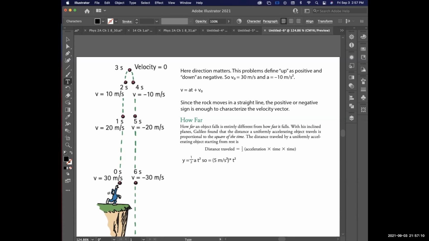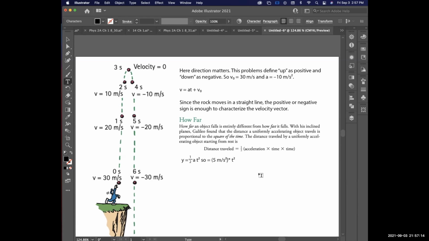Okay. Oh, minus 10. Minus 5 here. So from here to here. Oh, plus the initial velocity here. I almost forgot that.